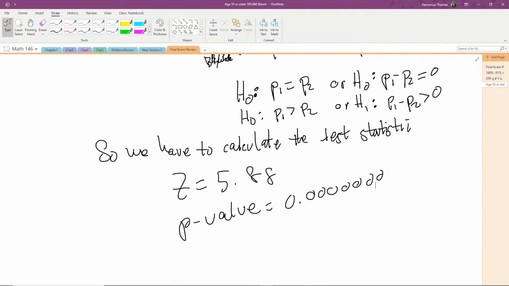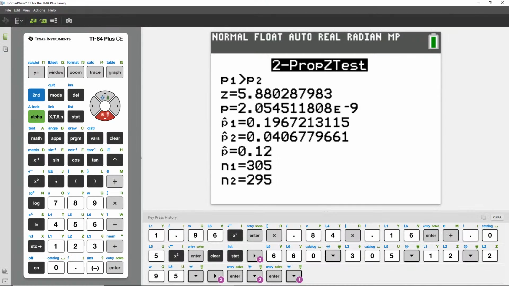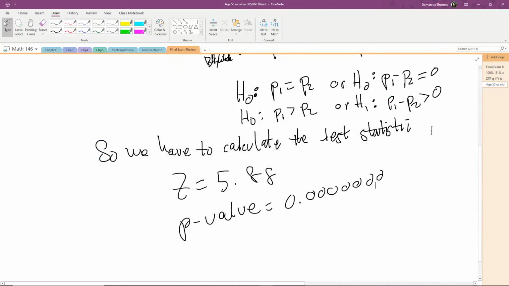Yeah, what did we get? I mean, it was like 205 or whatever. This is what we're getting. The p-value is less than 0.01.